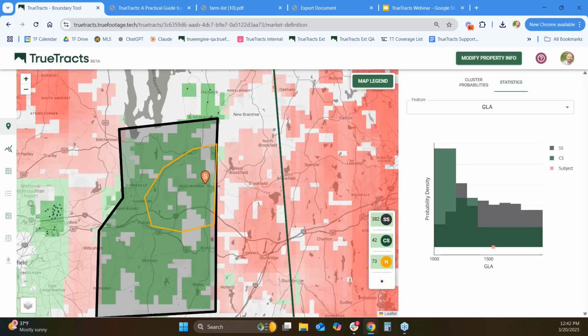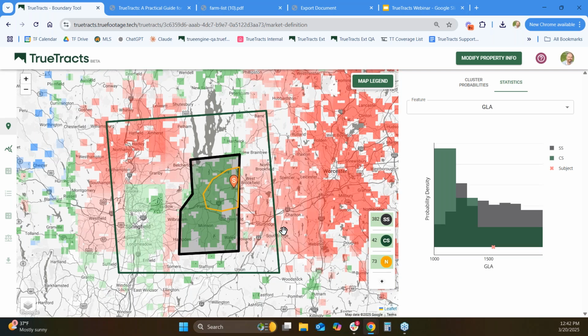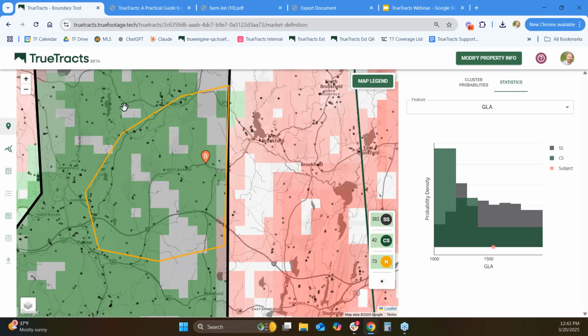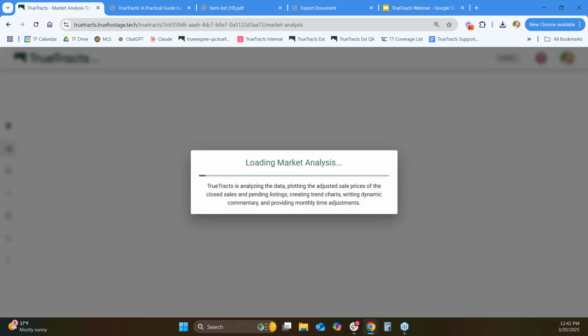Those are optional things that you don't have to do, but we basically did a market analysis of, think about it, in most cases what appraisers might do is they draw boundaries 2 miles around the subject, and they end up with 73 properties over 5 years.